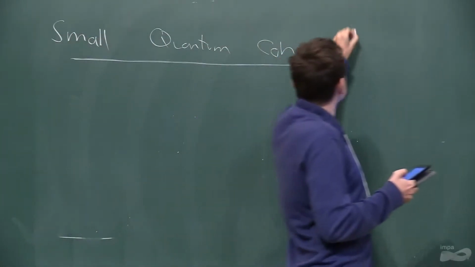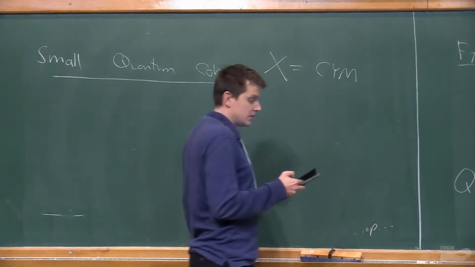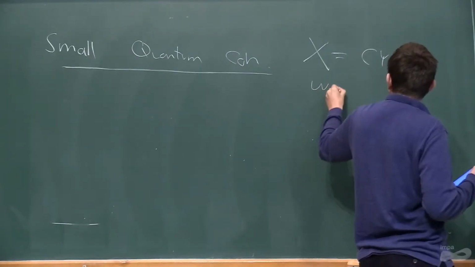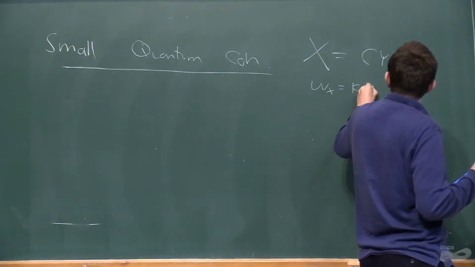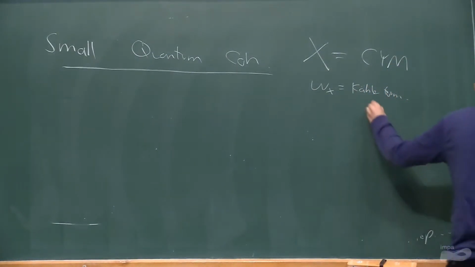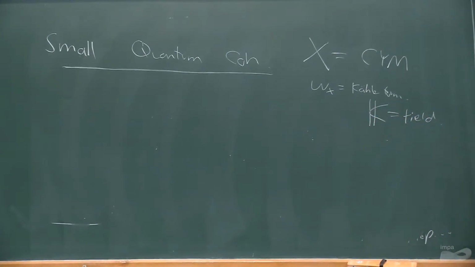So I'm going to fix a Calabi-Yau manifold, so a smooth projective variety with c1 equal to 0. And I'm going to fix a Kähler form on X. And I'm going to work over some field K. This could be a field of any characteristic.